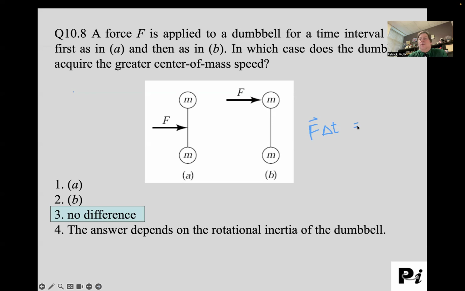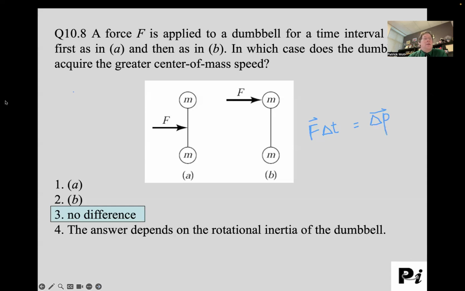It changes the momentum of the center of mass of the system. So that impulse, which is identical in A and B, gives me a delta P. And that has to be identical in cases A and B. So it doesn't matter where the force is applied, the dumbbell is going to have the same center of mass speed after that impulse is acted.